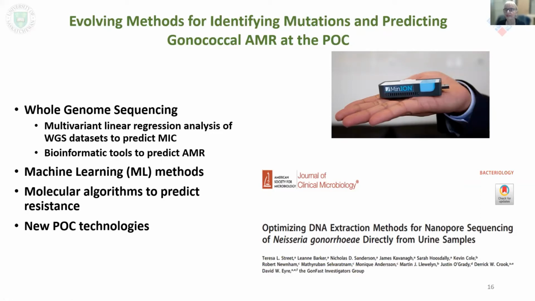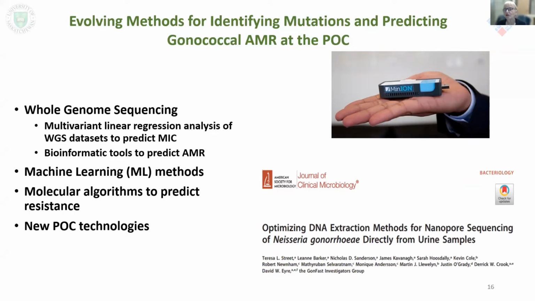Machine learning methods, different machine learning methods, have been applied to try and identify emerging mutations and resistance. There have been molecular algorithms developed to try and predict resistance, especially to ceftriaxone, based on the presence of certain mutations in multiple genes in various populations.